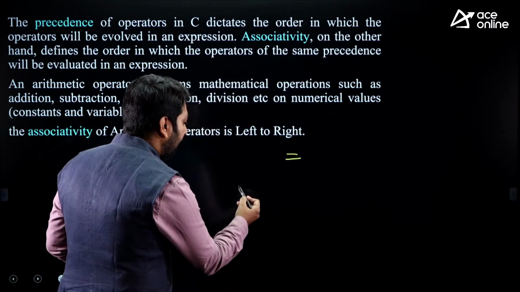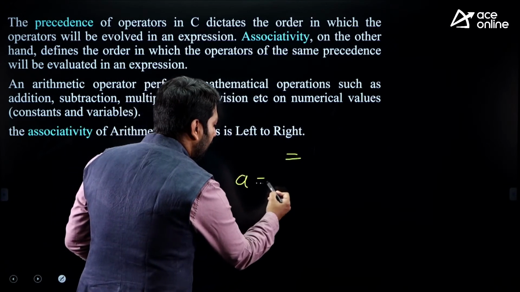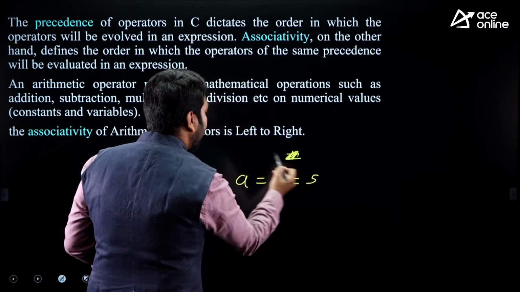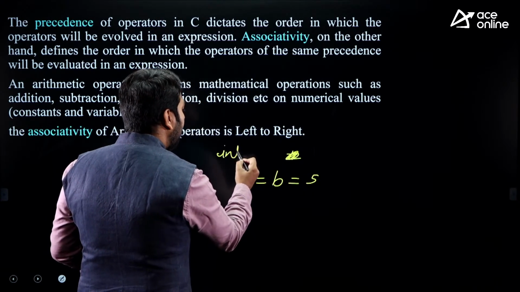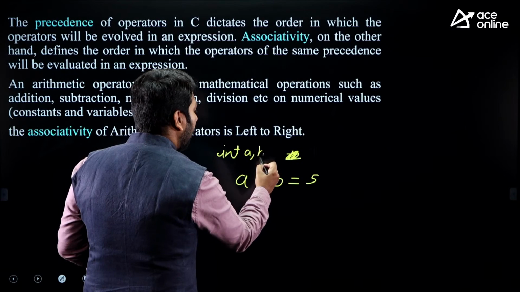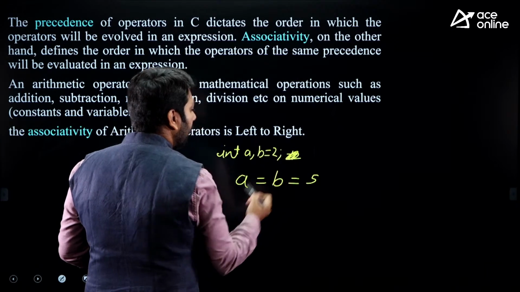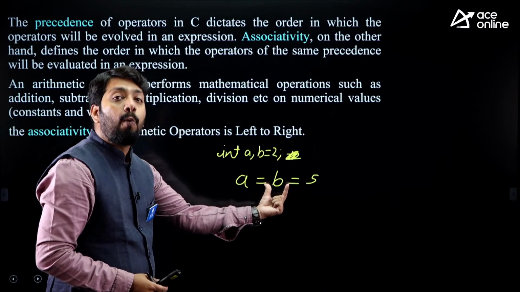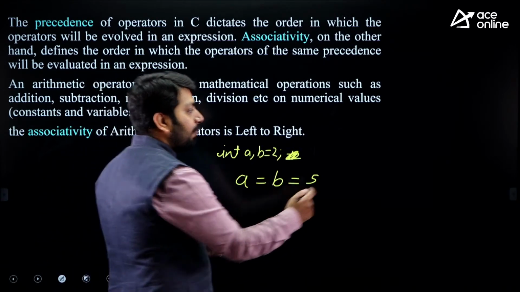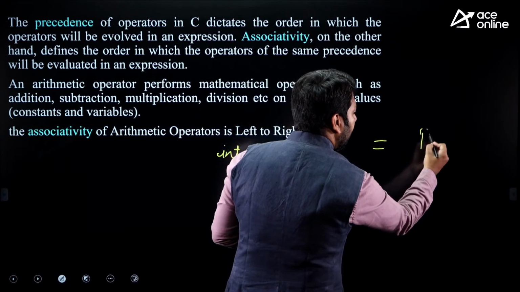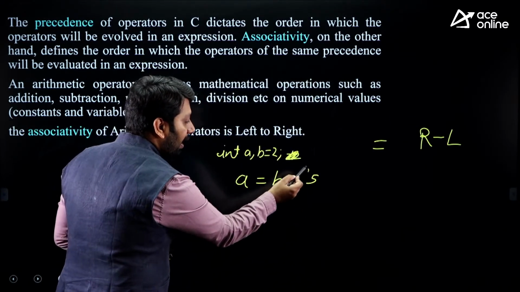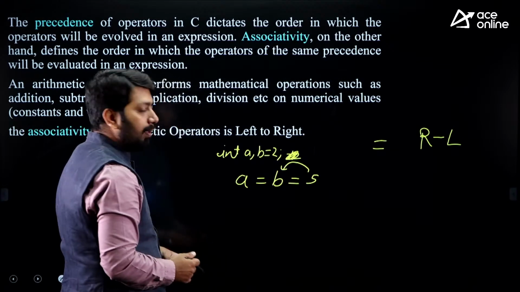For example, if I am writing A equal to B equal to 5, and before that I am writing int A, B equal to 2. Fine. Now it has what? Right to left. The equal to operator has associativity right to left.